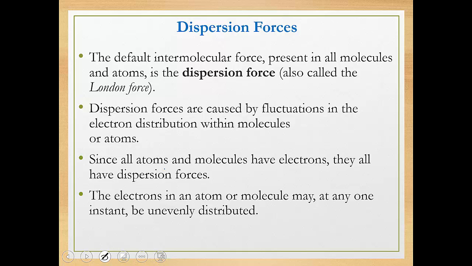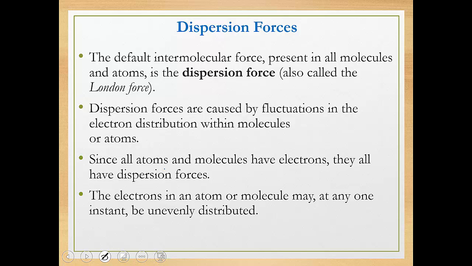Dispersion forces are caused by a fluctuation in the distribution of electrons within the molecule or the atom. All atoms and molecules have electrons, and the way those electrons get dispersed creates these dispersion forces.